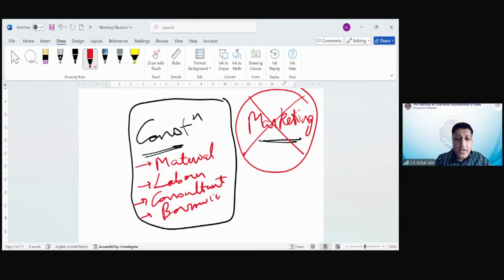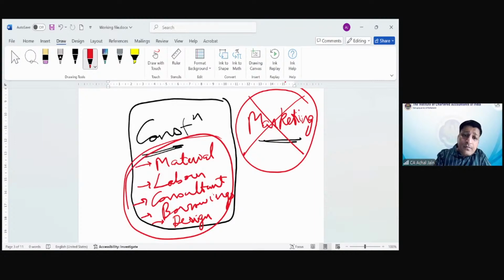Borrowing cost means interest cost. Similarly, others could be like design, technology. Okay, the examples could be numerous. But if you look at all of these costs, they are only and only in relation to the construction.